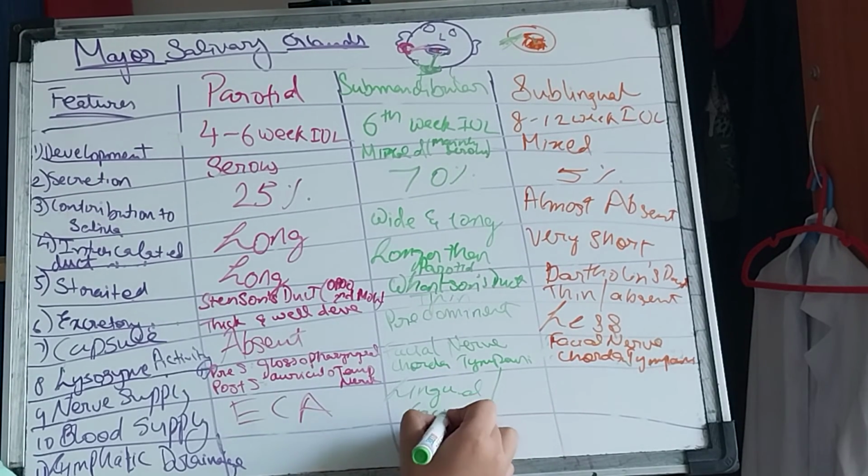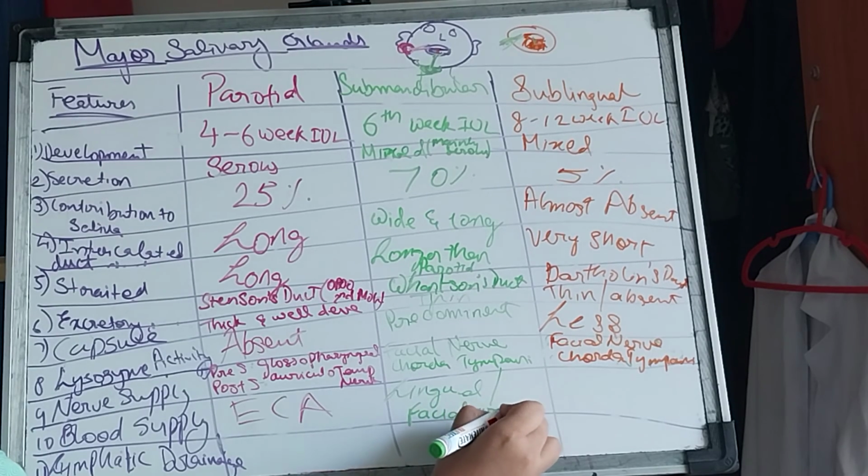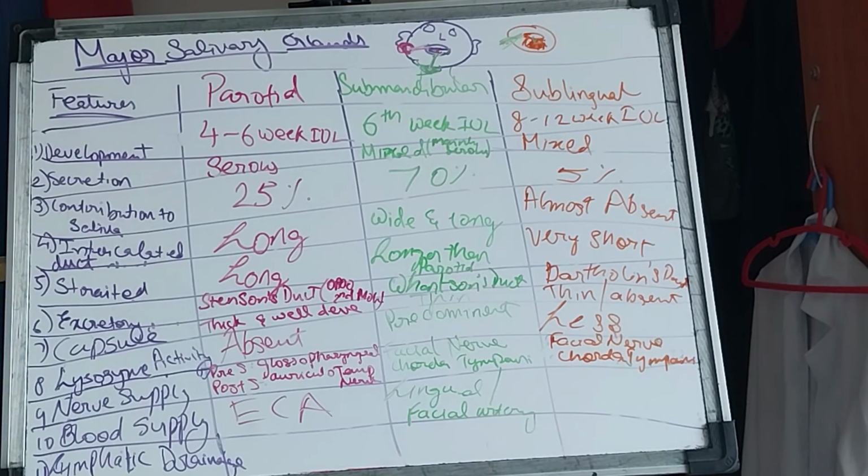The external carotid artery is divided into facial and lingual, and it has more branches, but two of them are the facial and lingual. So any of these supply the submandibular, and the sublingual is supplied by the sublingual or the submental artery.